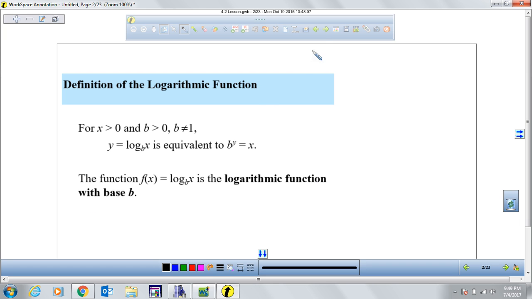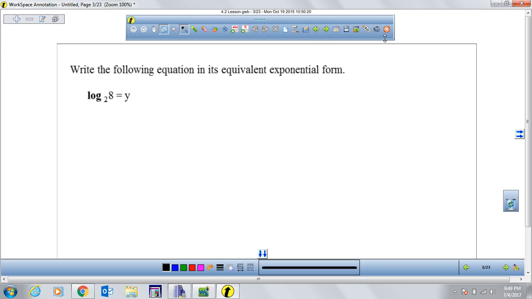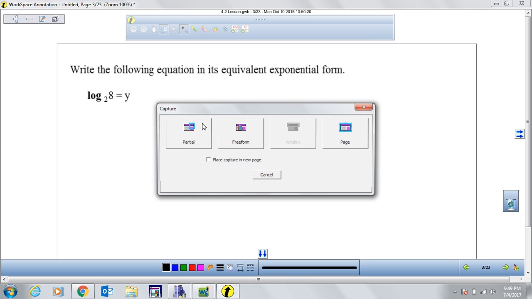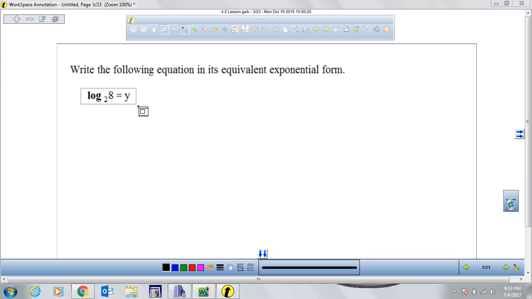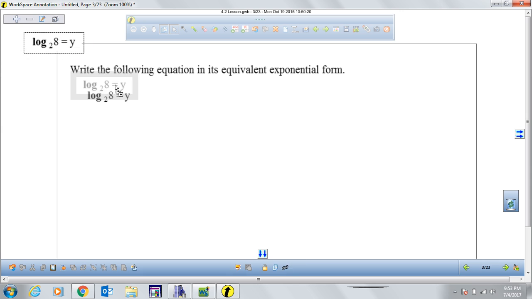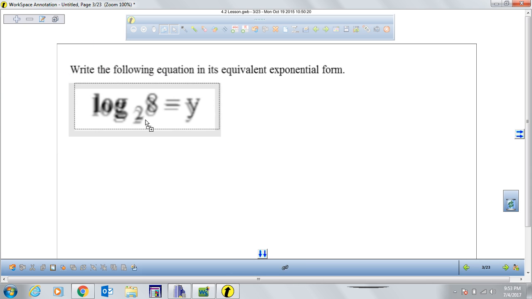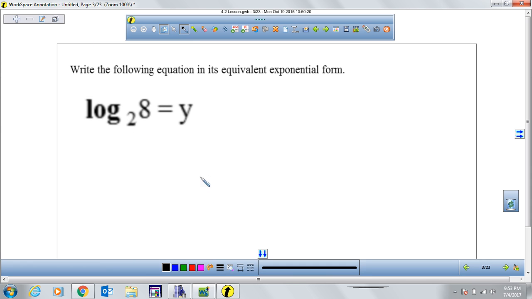So the first thing that we're going to do in this section is interchange from one form into the other form. The first question is that we need to rewrite this expression in its equivalent exponential form. So keep in mind that this is the base right here.